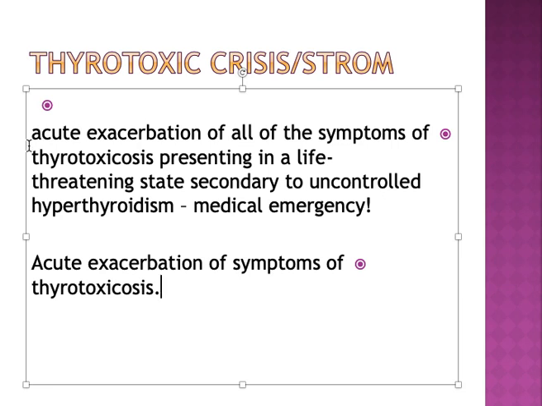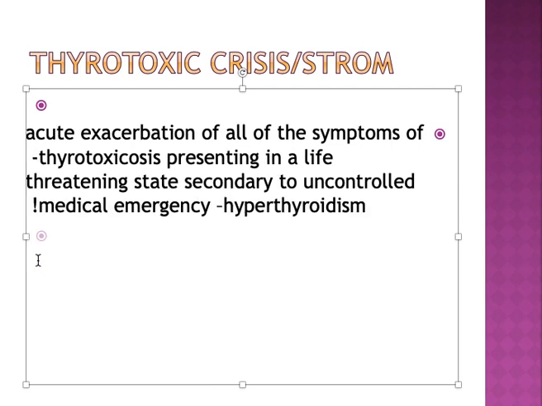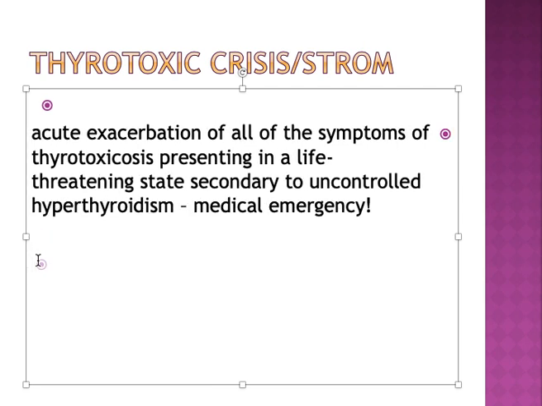So, see, acute exacerbation of all the symptoms of thyrotoxicosis, presenting in a life threatening state secondary to uncontrolled hyperthyroidism. It's a medical emergency. Thyrotoxic storm and thyrotoxic crisis are the same things. Of course, it can be life threatening.